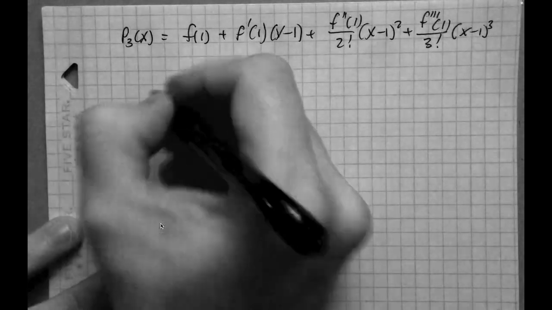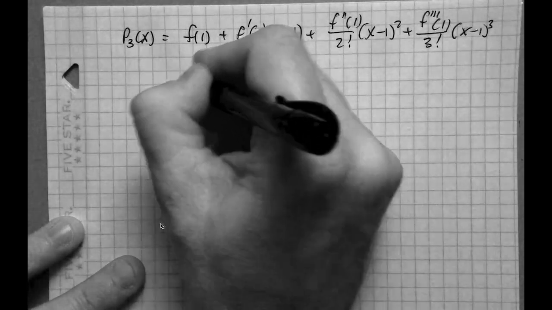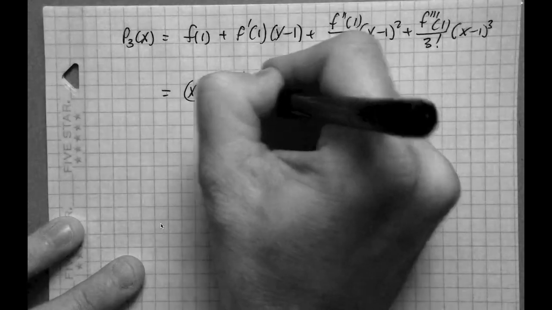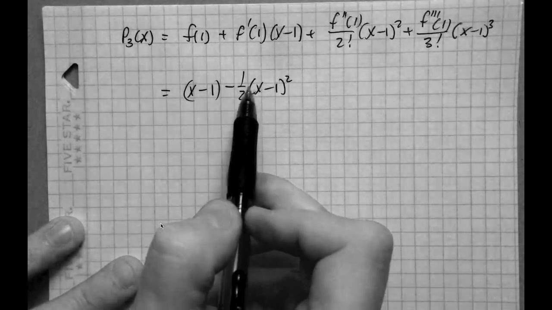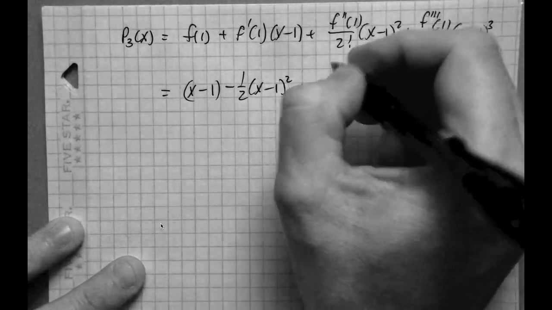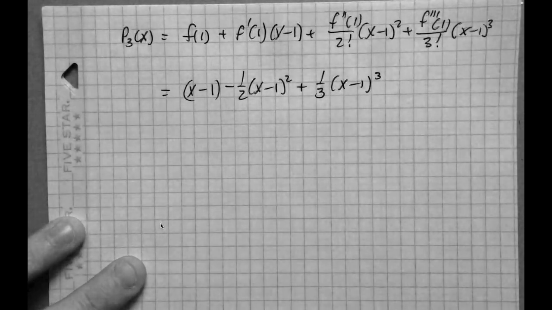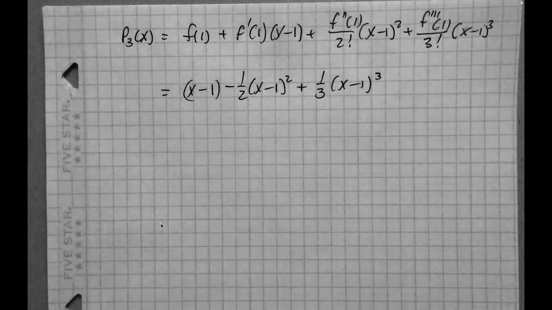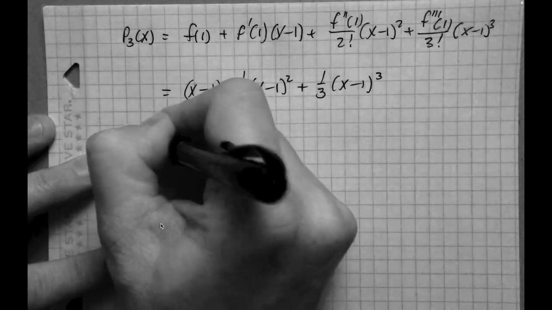Okay, and so this is really going to be the same as before. It's going to be x minus 1 minus 1/2 x minus 1 squared, that's the piece that we had for p2, plus you're just going to add in this last piece here, plus 1/3 x minus 1 cubed. Okay, and so the fact that these build on each other is nice.